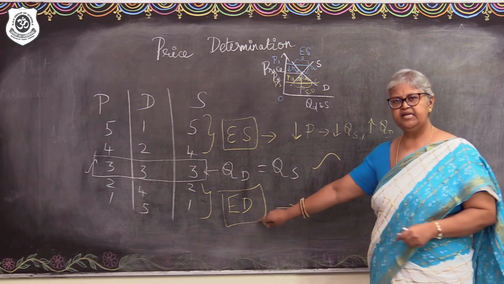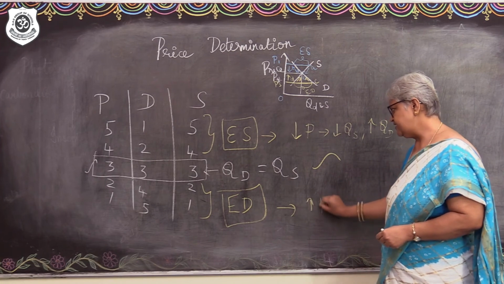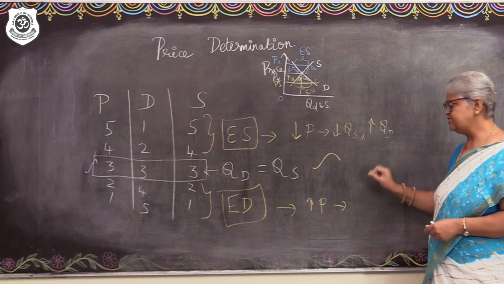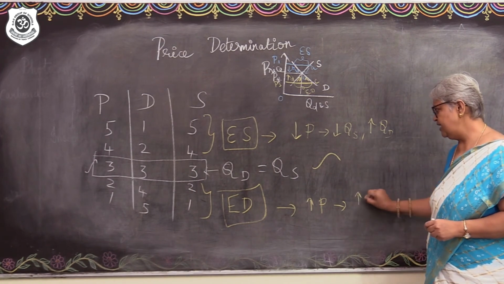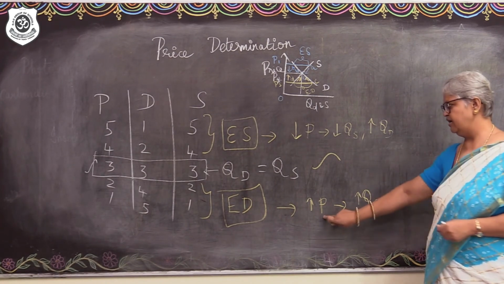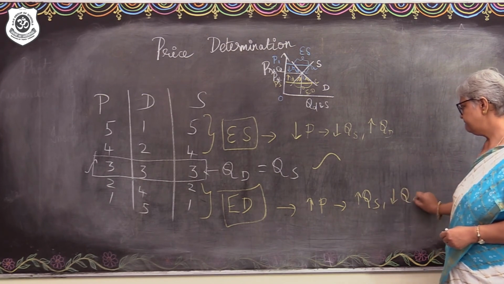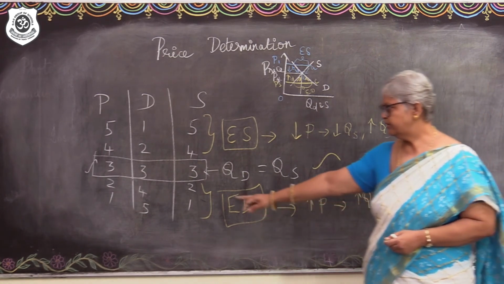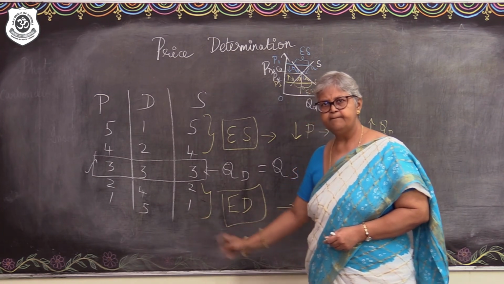So when there is going to be an excess demand in the market, what will happen? The price will increase. So when the price increases, as per the law of supply, there will be an increase in the quantity supplied. And as per the law of demand, when price increases, there will be a fall in the quantity demanded. Let's check it out. Yeah?